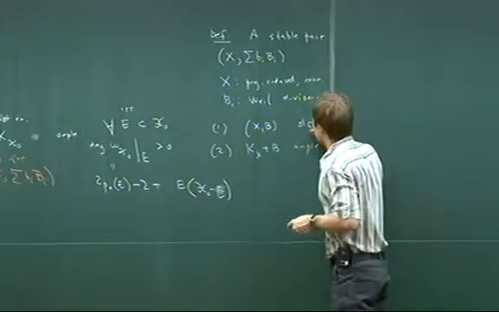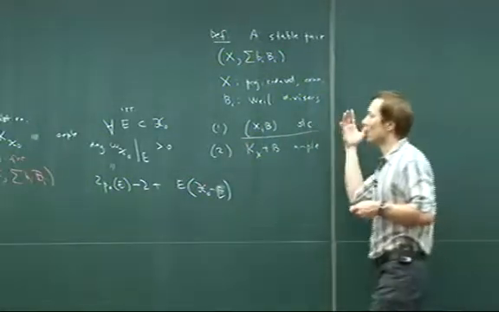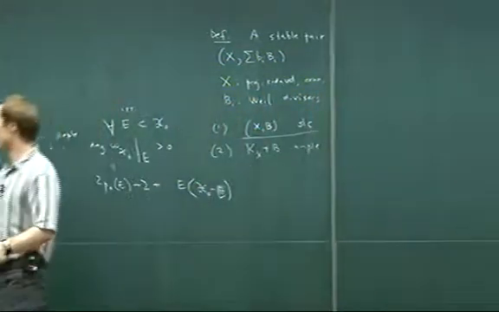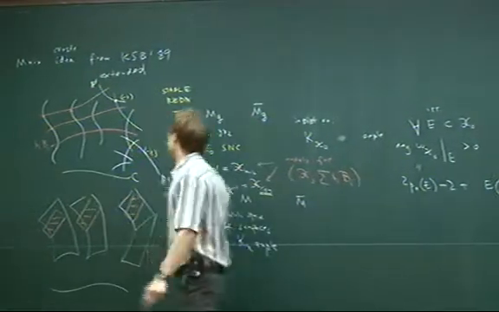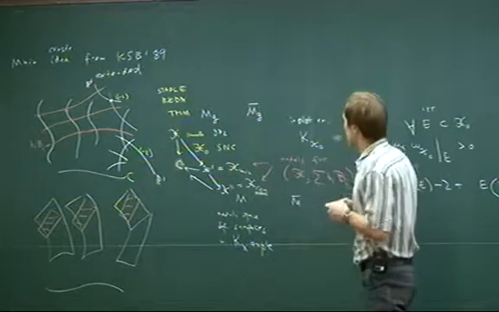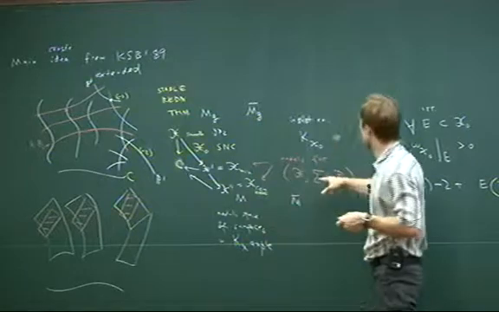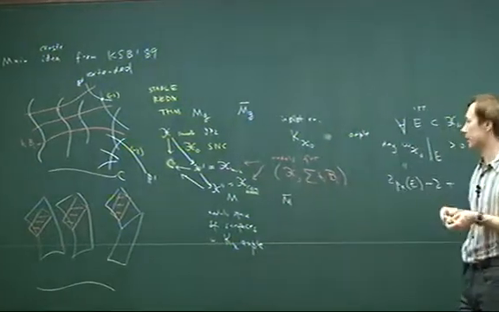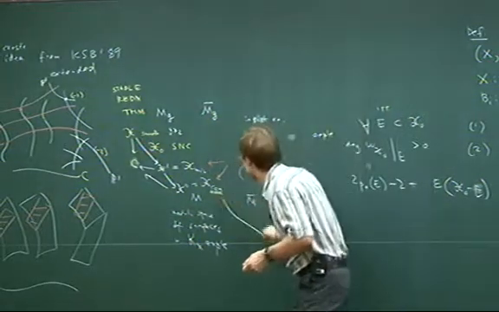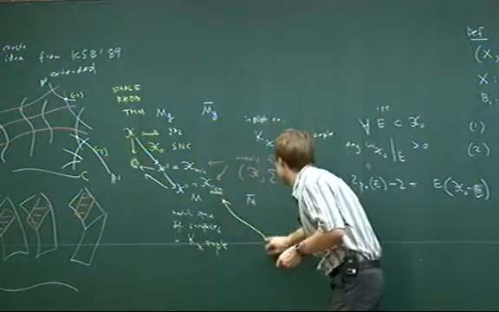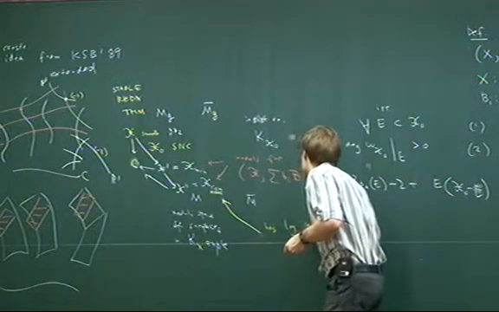So now maybe I can attempt to answer what semi-log canonical means. And the simple answer is it's whatever you get out of this construction. Now the canonical model, it's the canonical model for a pair like this. So the minimal model program says that this model has log canonical singularities.